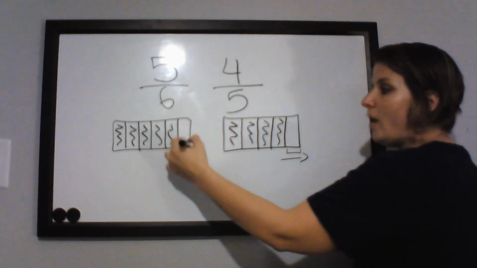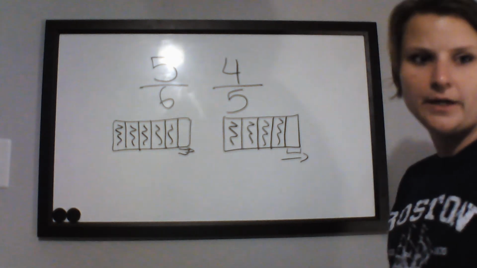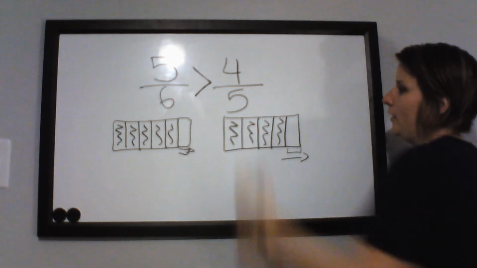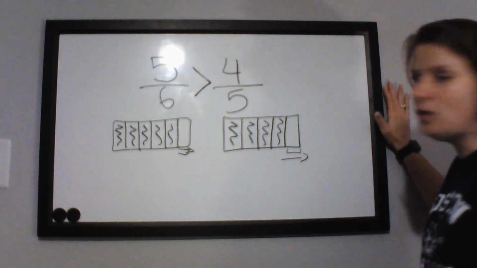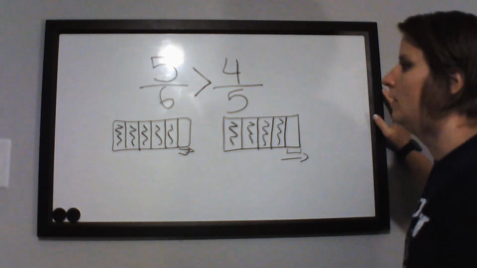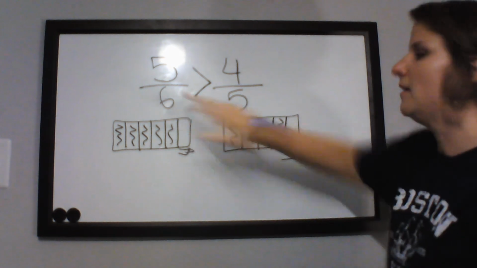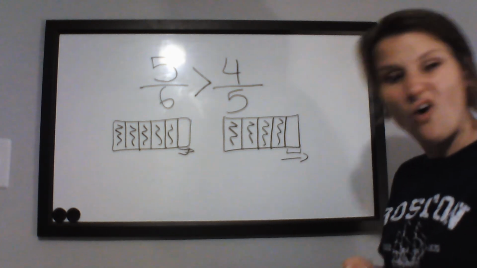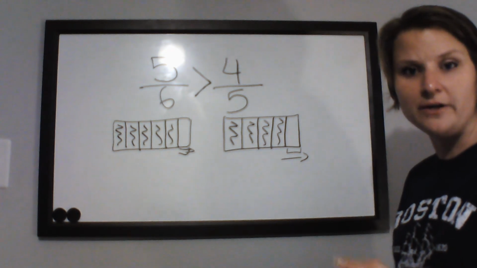So I just need 1 more tiny piece in order to make a whole, making 5/6 the greater fraction. So in 1 unit away from a whole, if both of them have to be 1 unit away from a whole, the bigger number in the denominator is going to win, because it's always the smaller piece. So these are all the rules for comparing fractions.